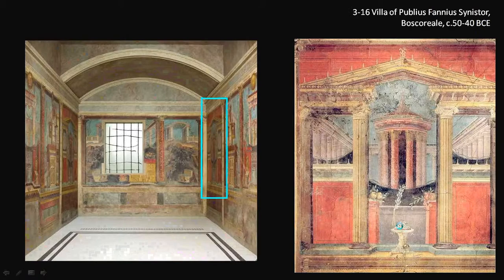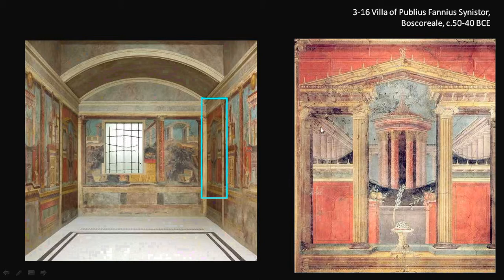Finally, a third example of the second style of Roman wall painting can be found here in the Metropolitan Museum in New York from Bosco Reale, where we see that here, instead of human figures or landscape, we have architectural painting. And you can see also that the illusionism is still quite strong. There's a small fountain here in the foreground. We step back into space, through a wall, and we see an area that's been screened off with a temple in it.